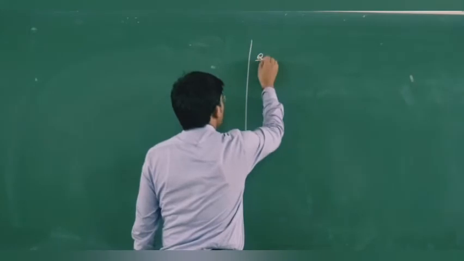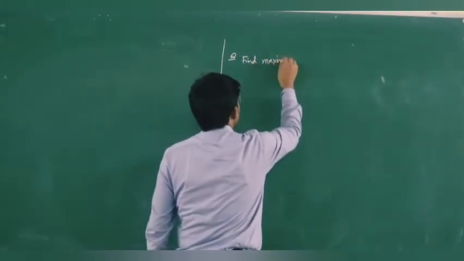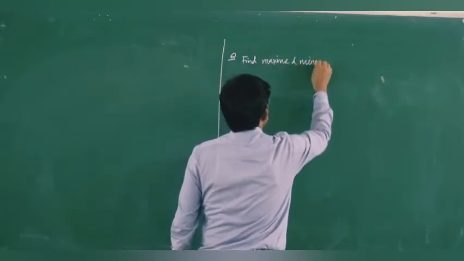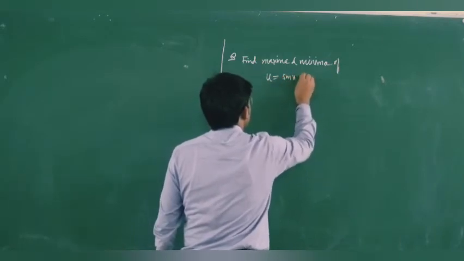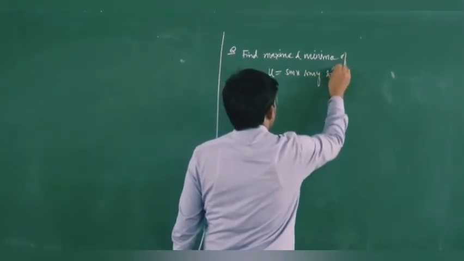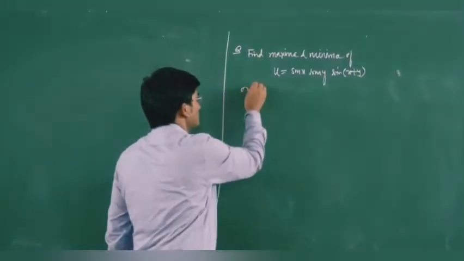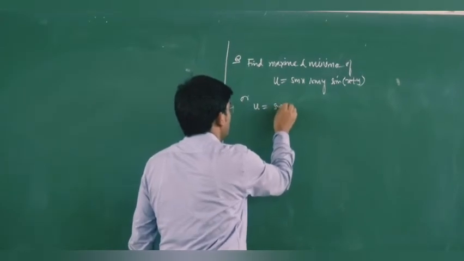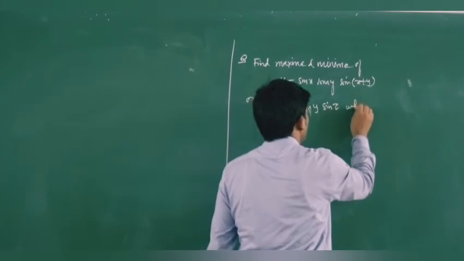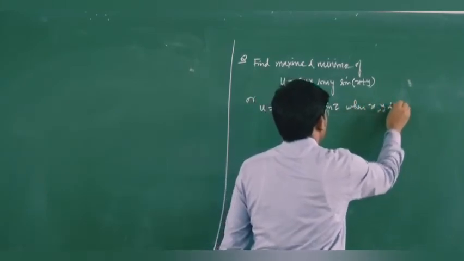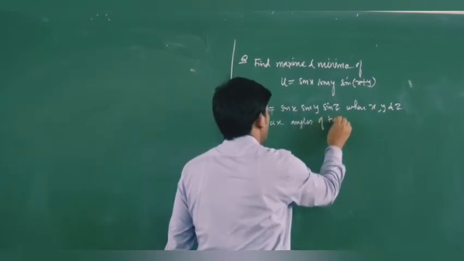Question: find maxima and minima of u equal to sin x sin y sin (x plus y). Or we can have the question u equal to sin x sin y sin z, where x, y and z are angles of a triangle.